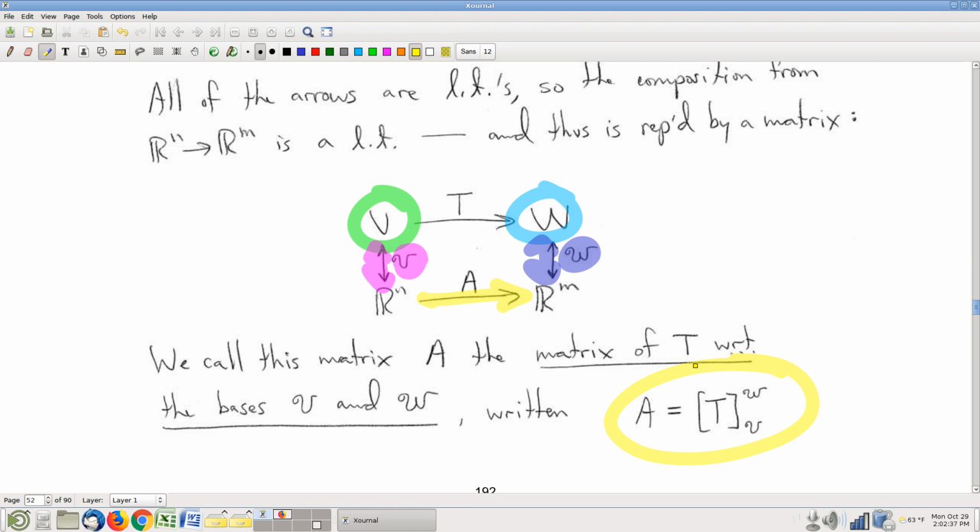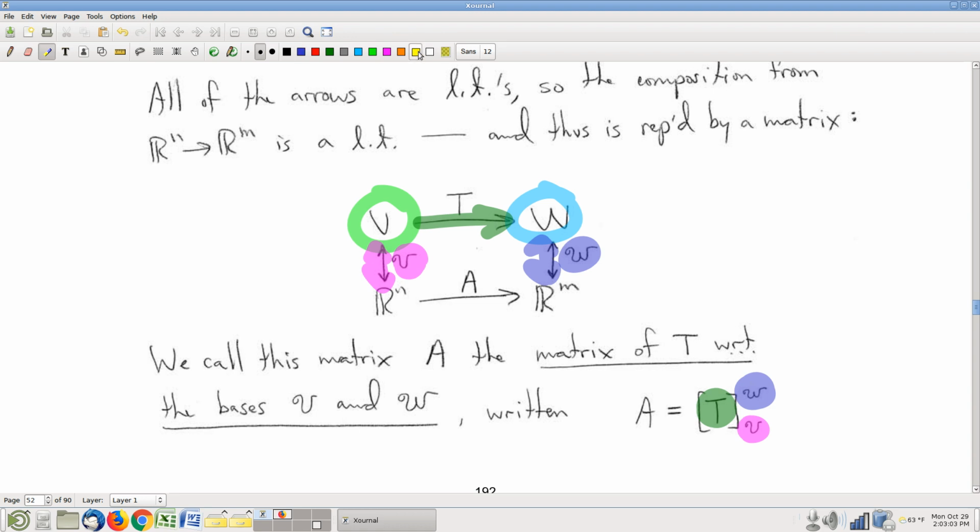Okay, so the linear transformation, this abstract thing that you want to represent, right? You've got to indicate then what basis are you going to use for the input vectors, and then what basis are you going to use for the output vectors.